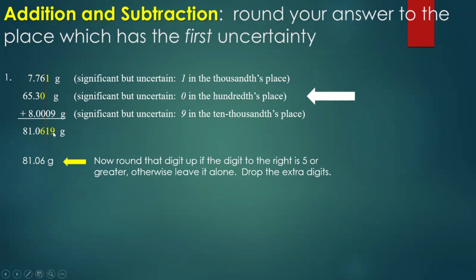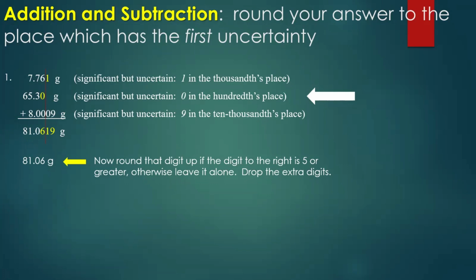So this is a little awkward to word because your book, I think, said the greatest uncertainty. I'm not sure, but I think if I explain it, it'll make sense, but I just don't know exactly what word to use. So here we've got three numbers that we are adding together.